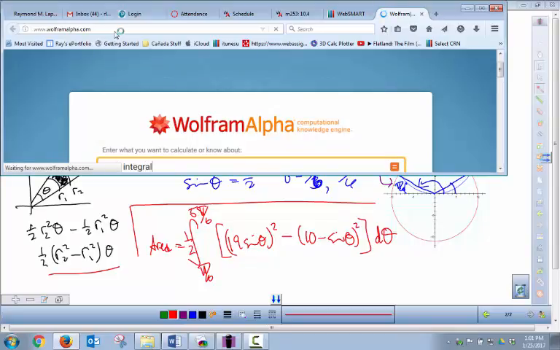So there's a 1/2, and then there's an integral of 19 sine t squared minus parentheses 10 minus sine t close parentheses squared. And our t value goes from pi over 6 to 5 pi over 6.